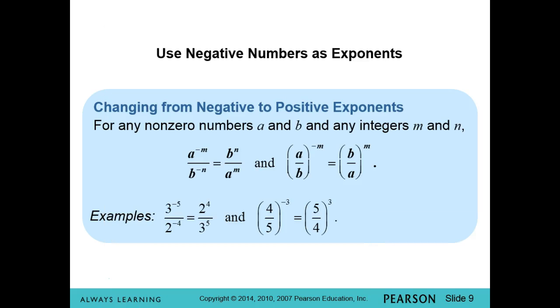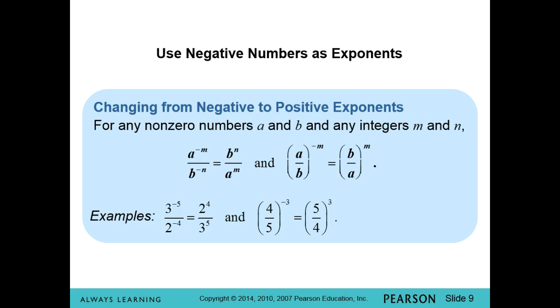Now, using negative numbers as exponents, changing from negative to positive exponents for any non-zero real numbers a and b, and any integers m and n. Okay? Now, notice they said any integers. Integers can be positive or negative, right?